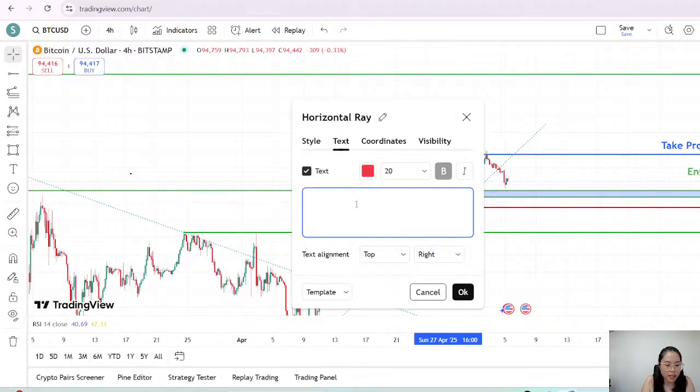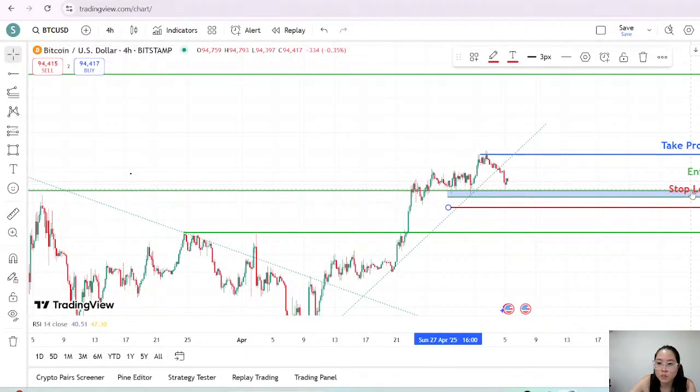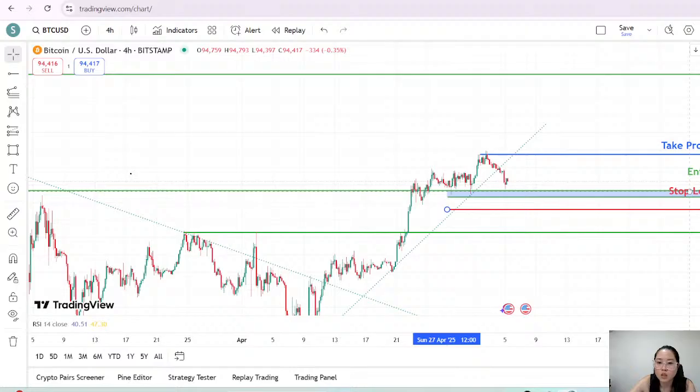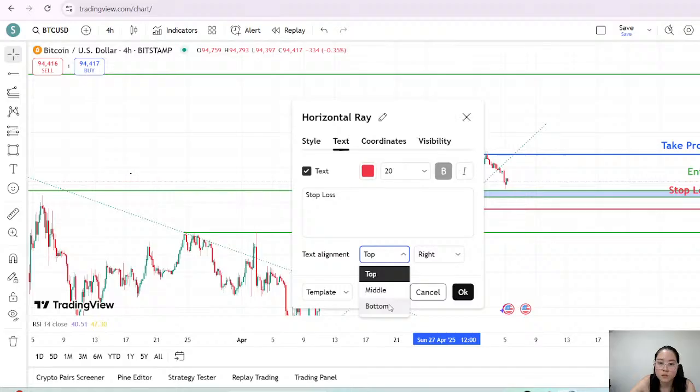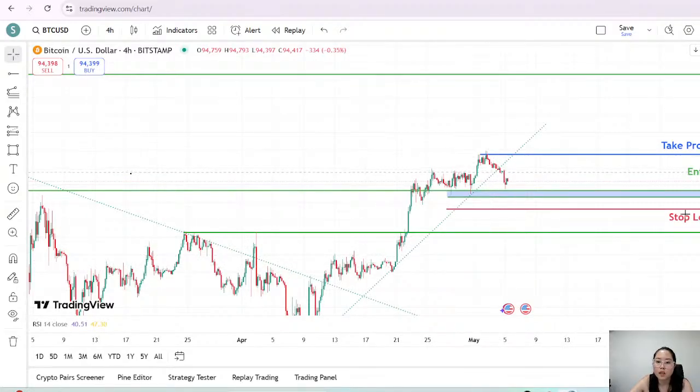You collect as much information as you possibly can from the markets, and then you make your decision based on the information that you've collected.